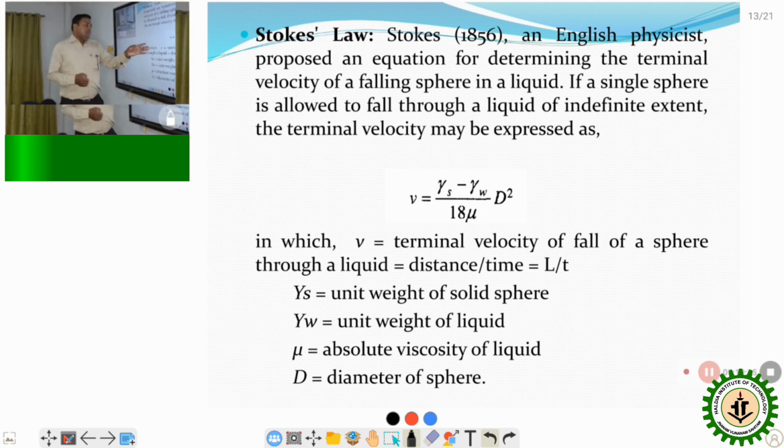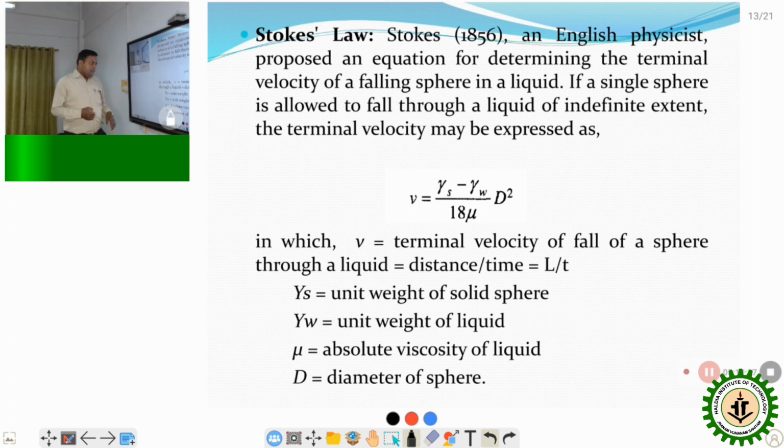Here V is the terminal velocity, gamma S is the unit weight of soil solids, gamma W is the unit weight of liquid, that is water, mu is the absolute viscosity of the suspension, and d is the diameter of the spherical particle.